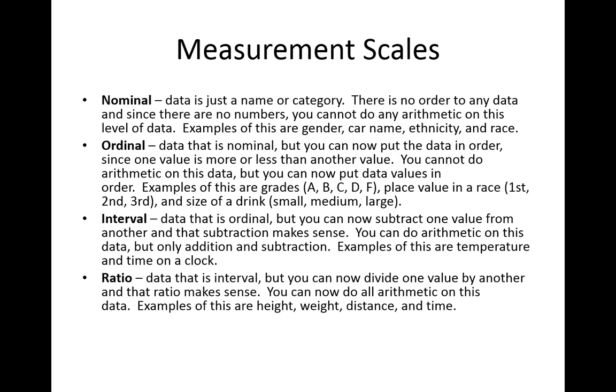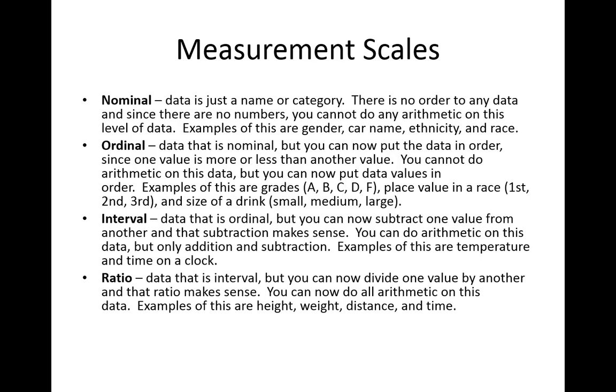You know, it's a Honda, or a Ford, or a Chrysler, or a Mercedes, or a Nissan, or a Tesla. So we'd just get the car names as a description, or the color of the car would be another nominal type of data.